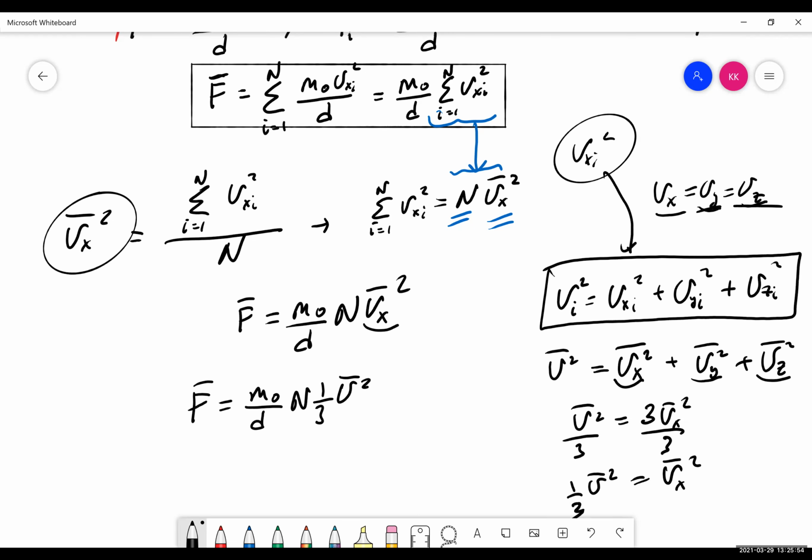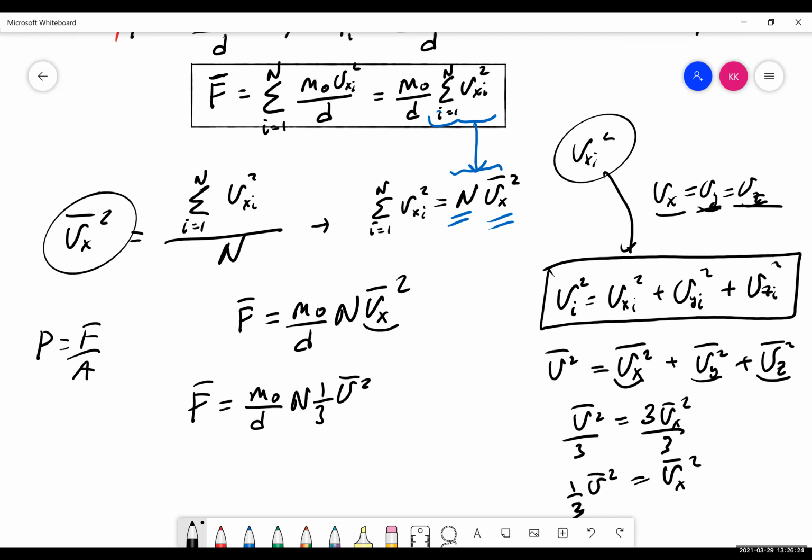Then what I can also remember here is this: pressure is force per area. I know that force is a macroscopic quantity, but in order for us to look at this type of thermodynamic system, pressure is a more useful quantity.